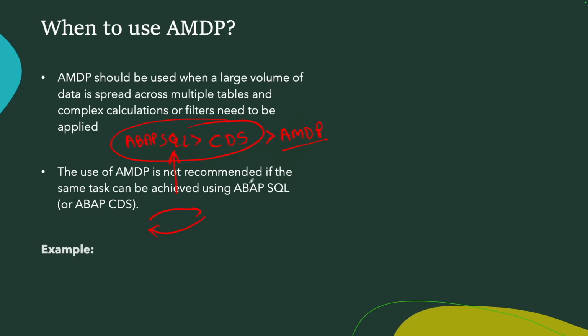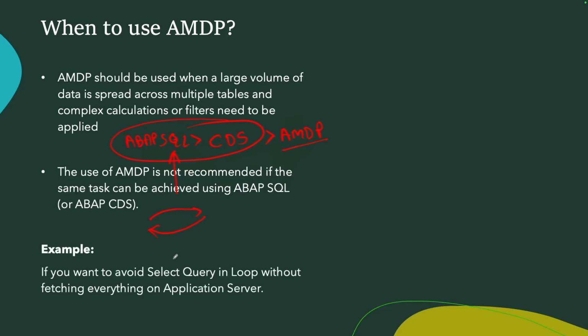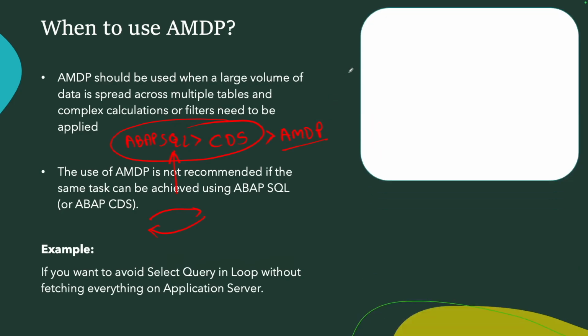Then we have one example: if you want to avoid a select query in a loop without fetching everything on the application server. Sometimes to remove the select from the loop, we use select star or select required fields before the loop, and then inside the loop we use read entries and perform some operations.